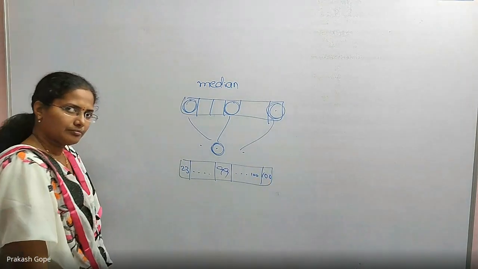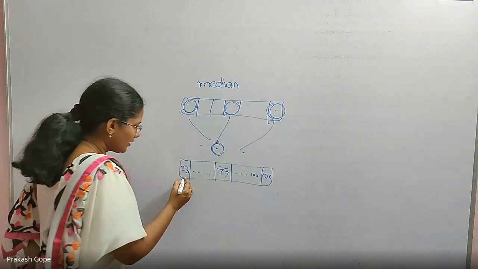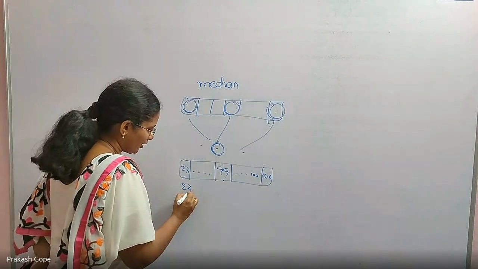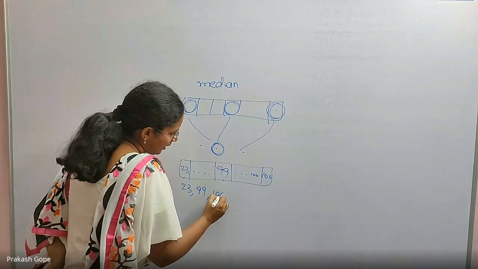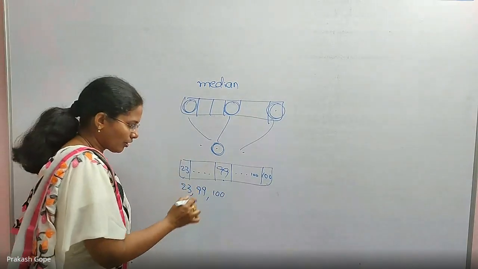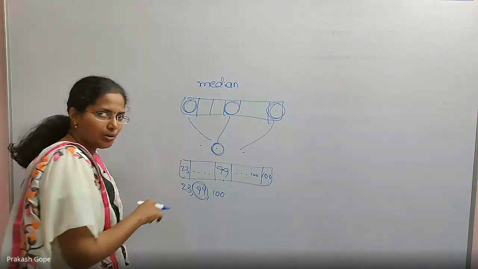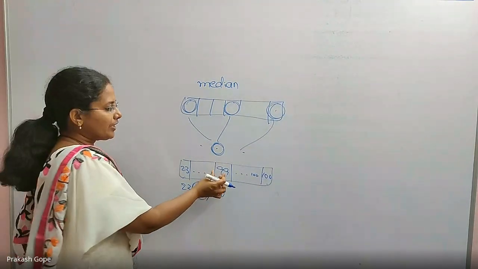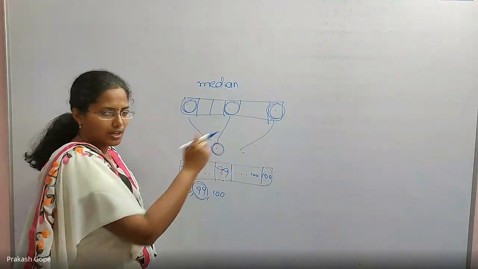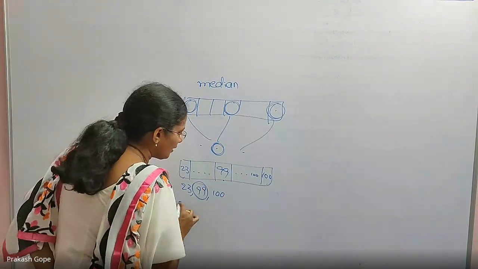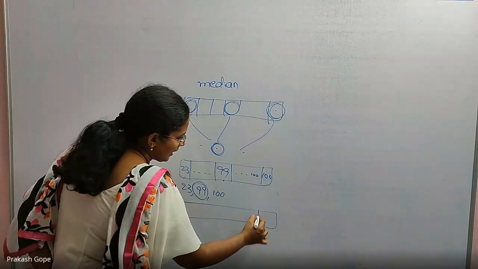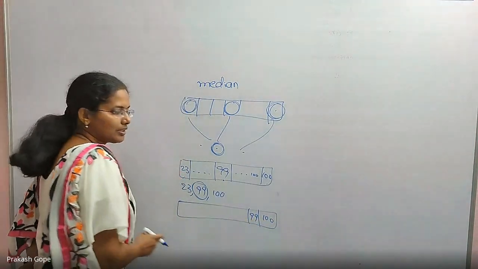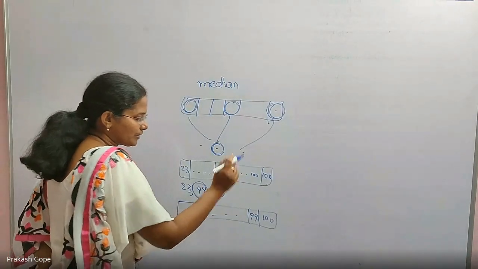For example, now I will take these three elements: first element, middle element, and last element. 23, 99, 100. Sort them. Yes, they are in sorted order. The middle among them is called the median. Now if I take this as a pivot and then run quicksort, this 99 will go and occupy the last but one position. 100 is here. It will sit in the last but one position. All elements are here.